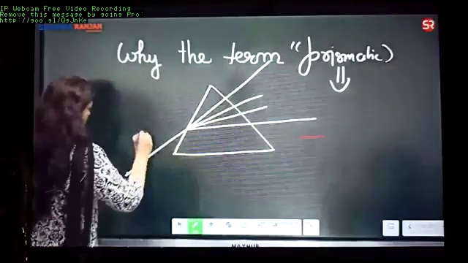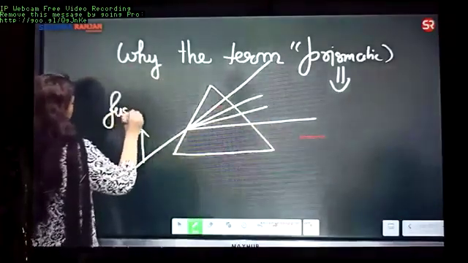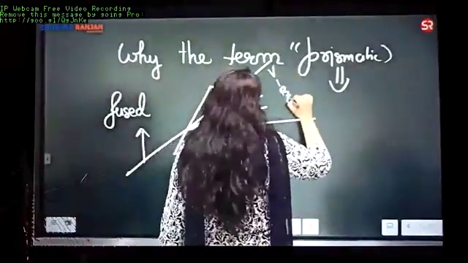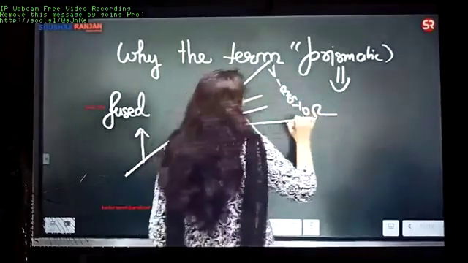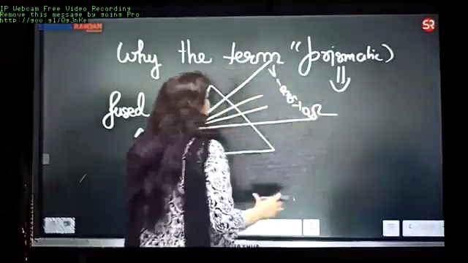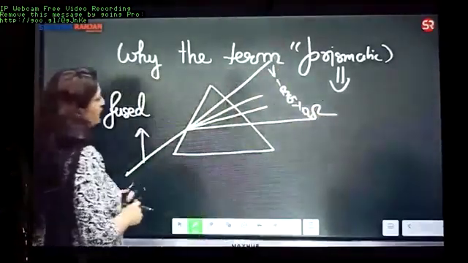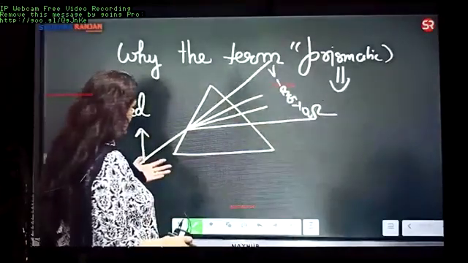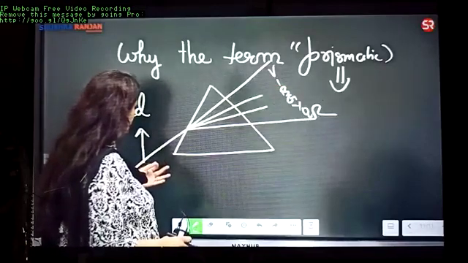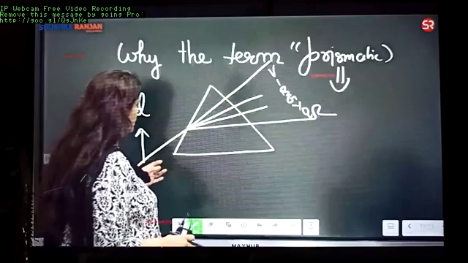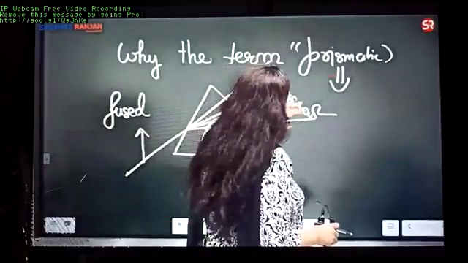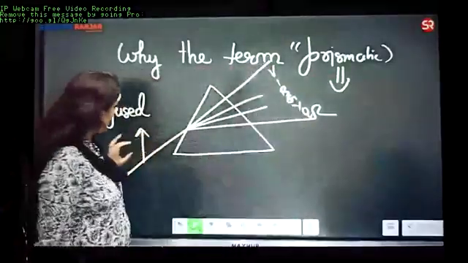Before this, light is fused, all colors, but when the light goes through the prism, it gets diffracted.